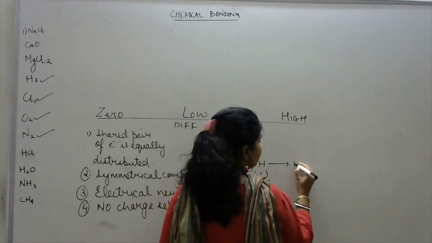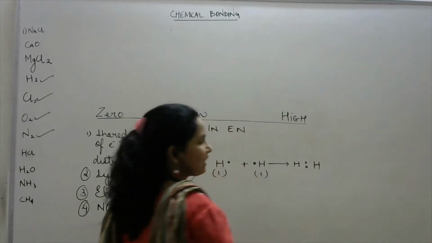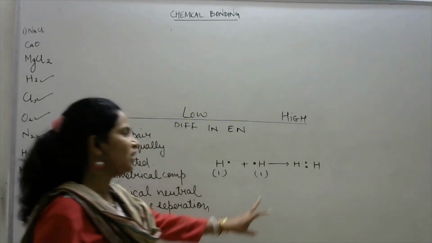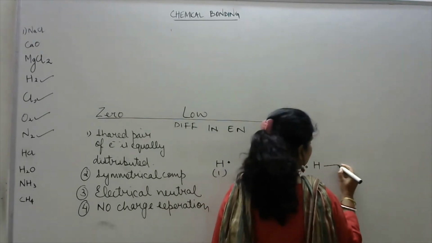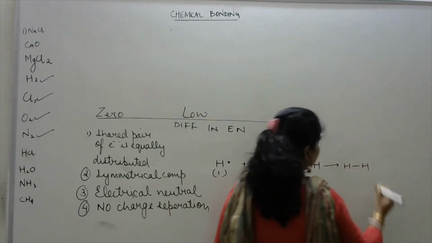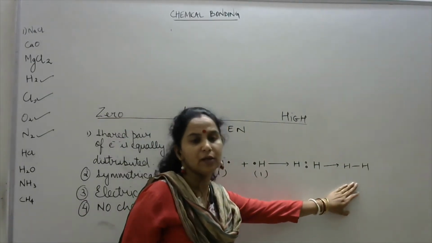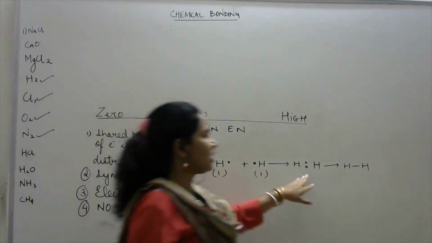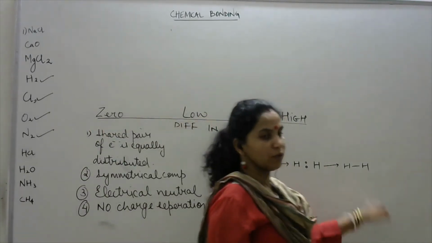Then it shares, and this shared pair of electrons is lying exactly between the two hydrogen atoms. This shared pair of electrons can also be denoted by a single line, which means single bond. So hydrogen is showing a single bond. A pair of electrons is being shared. A pair of electrons means a single bond.